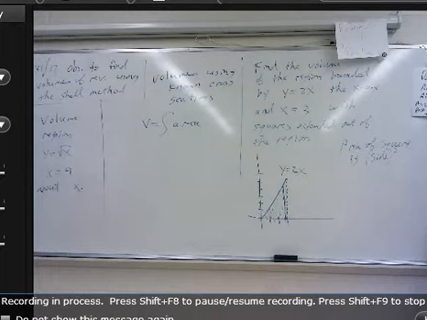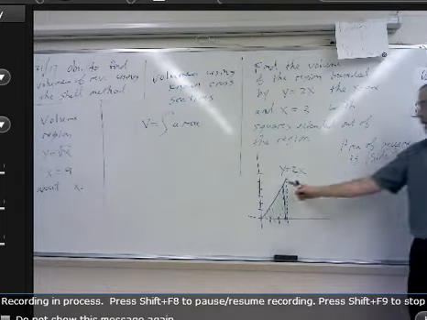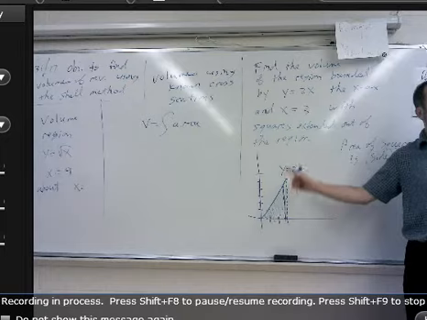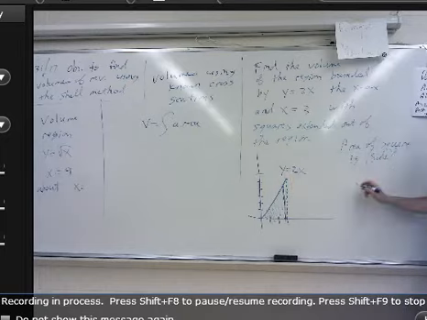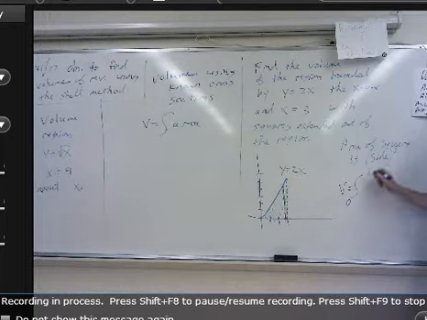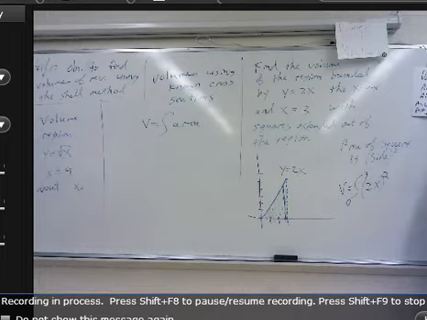Great. So the length of the side of our square in this particular problem is going to be 2x. So then our volume is going to be the integral from 0 to 3 of (2x) squared, because now that represents the area, dx. That's it? That's it.